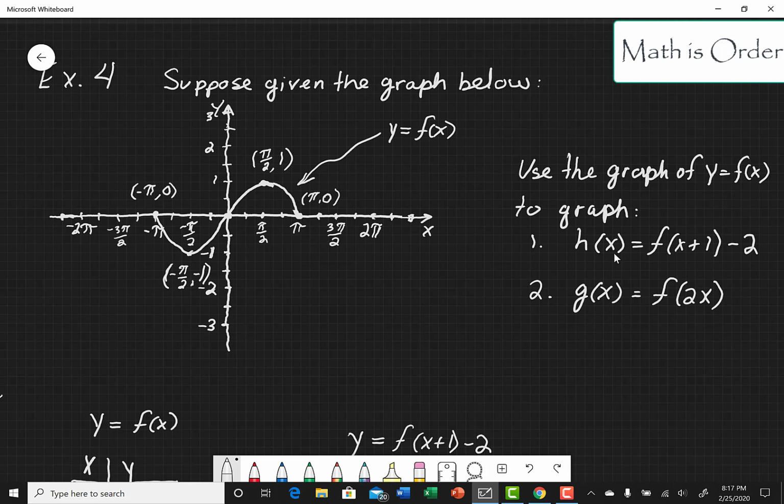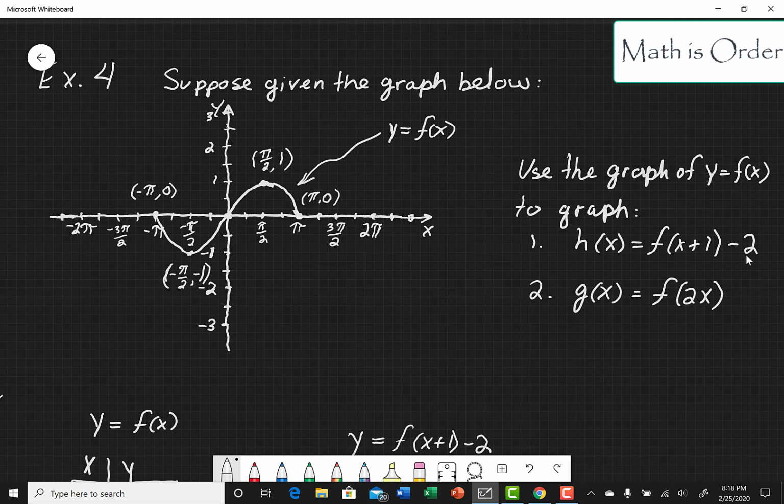So just looking at the form of the transformation that we are supposed to take on this function, we can see that we're adding 1 here. Just looking at this part of the function, this is telling us we have to shift the original function to the left 1 unit.